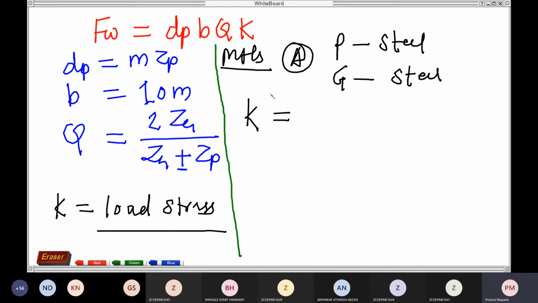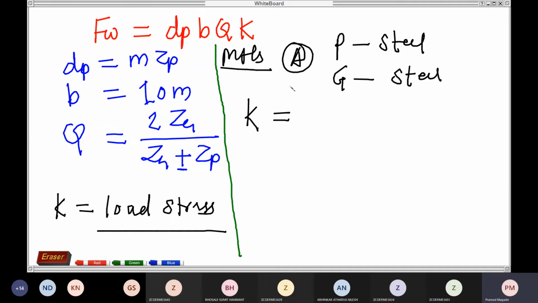In the derivation they have used the modulus of elasticity of the material and the coefficient of friction at the time of meshing, through which they developed the equation. So I'll directly tell you the equation which is important from the examination point of view.